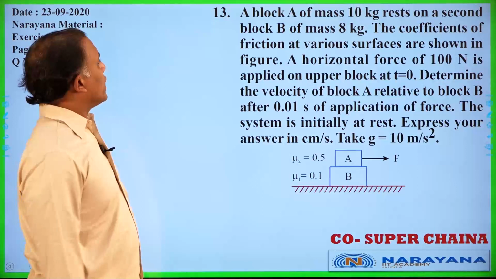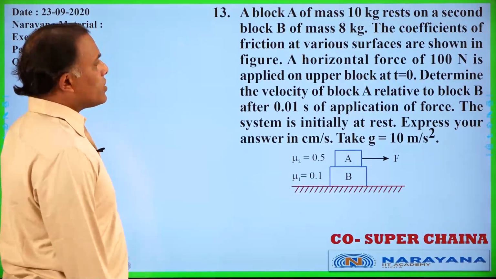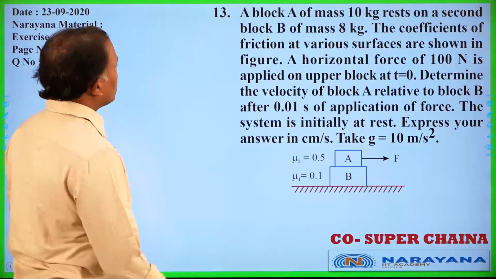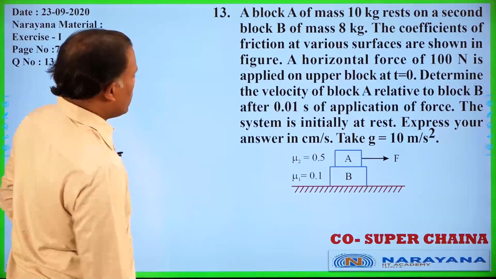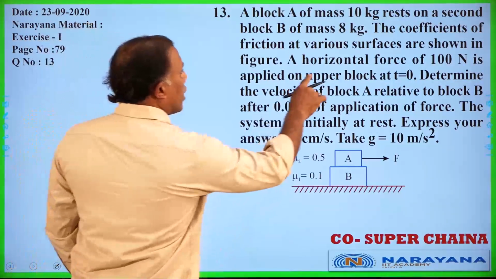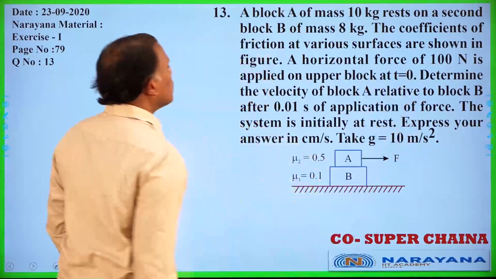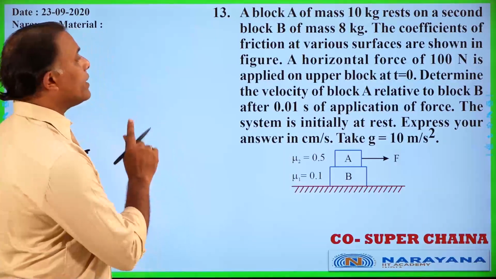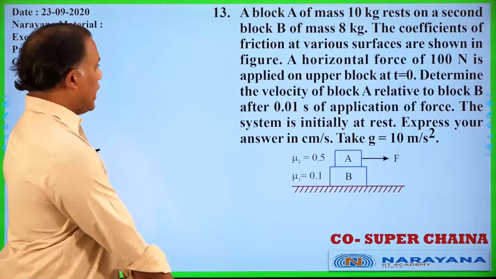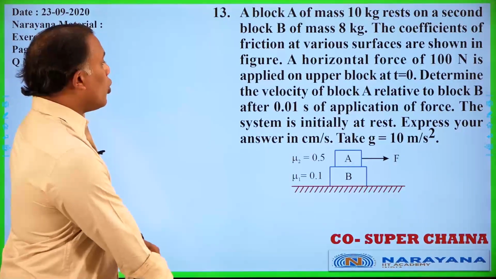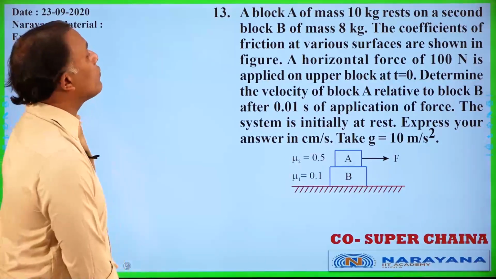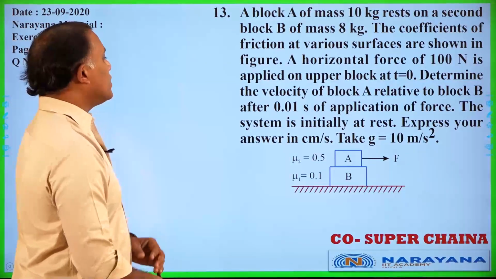And next, one more question we can say here. A block A of mass 10 kg rests on a second block B of mass 8 kg. The coefficients of friction given there are 0.5 and 0.1. A horizontal force F equal to 100 Newton is applied on the upper block at t equal to 0. Determine the velocity of block A relative to block B after 0.01 seconds of application of force. The system is initially at rest.